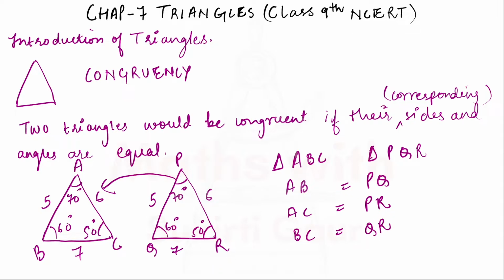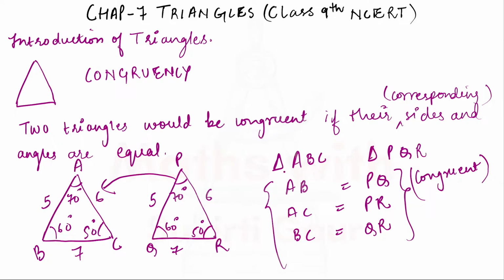So if I put this PQR over ABC or ABC over PQR, we will have no difference. They will be overlapping each other, and hence we can say that both triangles are congruent to each other. I hope you are a little bit clear with the concept of congruency.